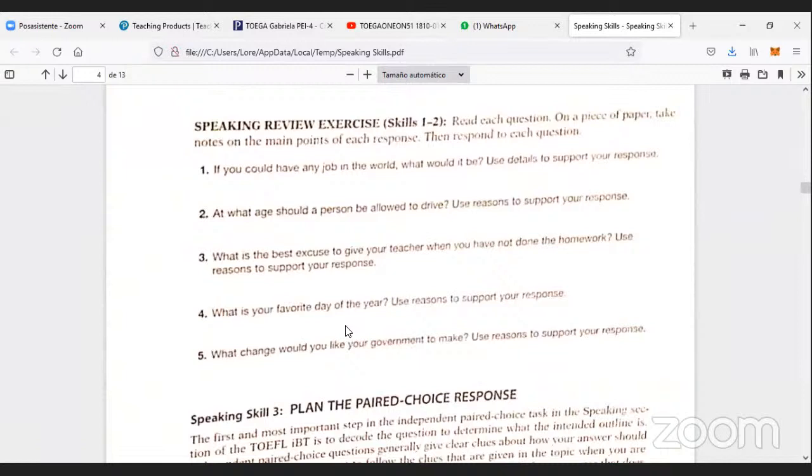In this first one: if you could have any job in the world, what would it be? Try to explain your reasons. Okay. My dream job is to be a translator in Asian languages because I think that languages are interesting. I think they are different and I would like to learn them.